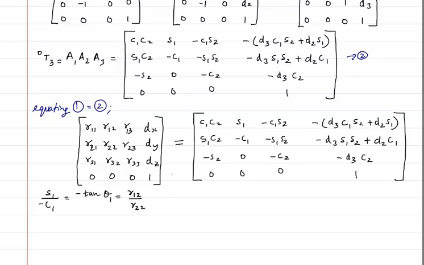This left hand side matrix will be some numerical, so based on that I can find it out. If I take the minus to the other side, theta 1 will be equal to tan inverse of minus R12 divided by R22. Now I have found theta 1. Let me put that in a box.